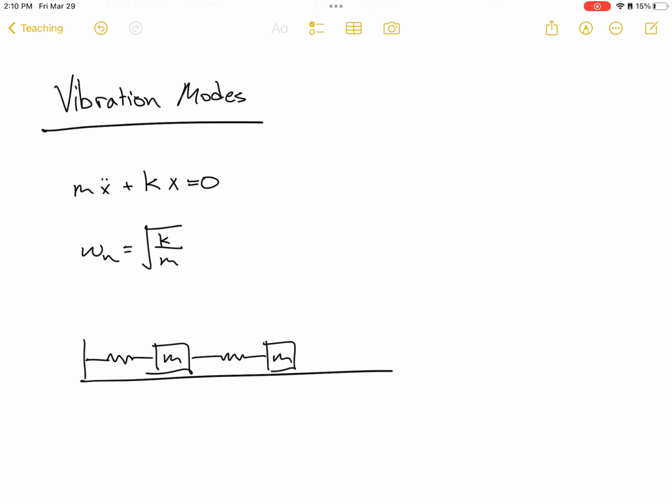And those frequencies, we refer to them as modal frequencies. And they come from the eigenvalues. They're related to or proportional to the eigenvalues of the system, which we refer to with lambda.